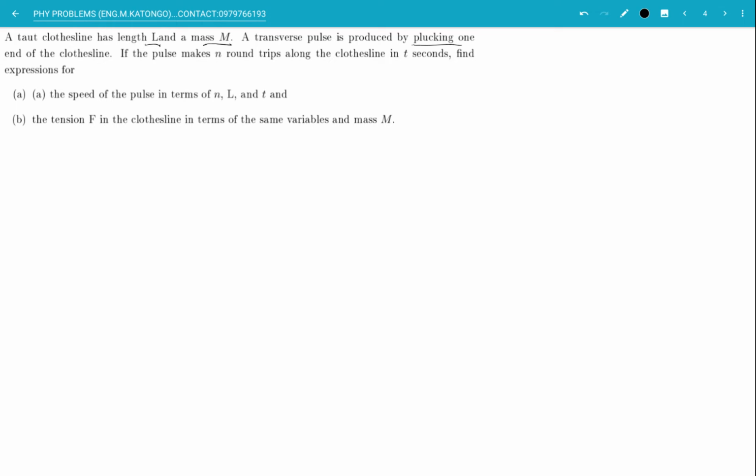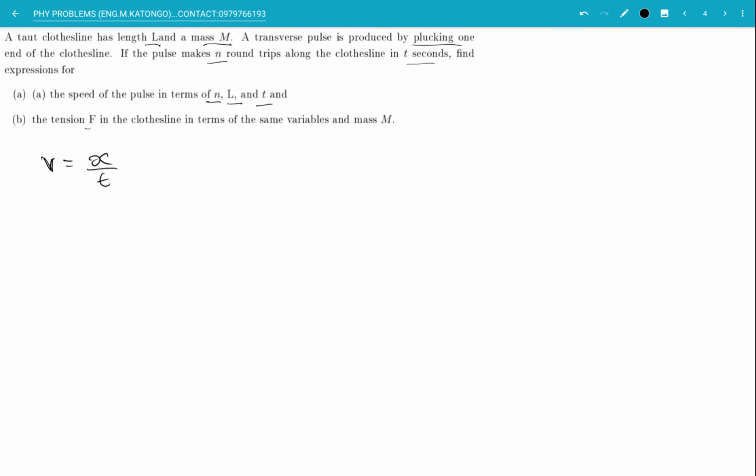If the pulse makes n round trips along the clothesline in t seconds, find the expressions for the speed of the pulse in terms of n, L, and t, and the tension F in the clothesline in terms of the same variables and mass m. So, determining the speed of the pulse v, it will be given by the displacement x over the time t.